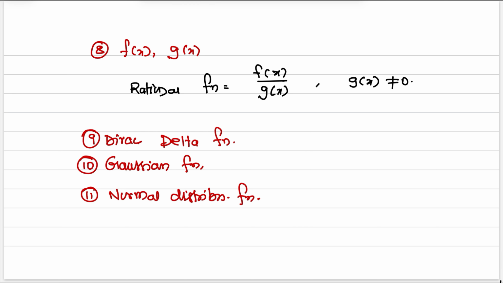Dirac delta function is like this. The area under the curve is always unity, so that it will be like this. At any point, the area under the curve is unity. Normal distribution function is also to find the 95% significance level, usually being used in engineering, manufacturing units for 95% confidence level.